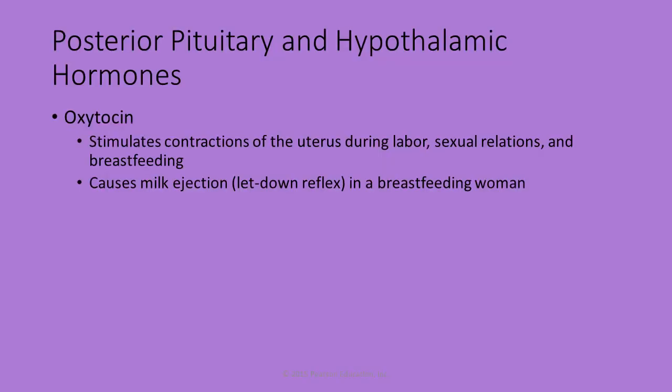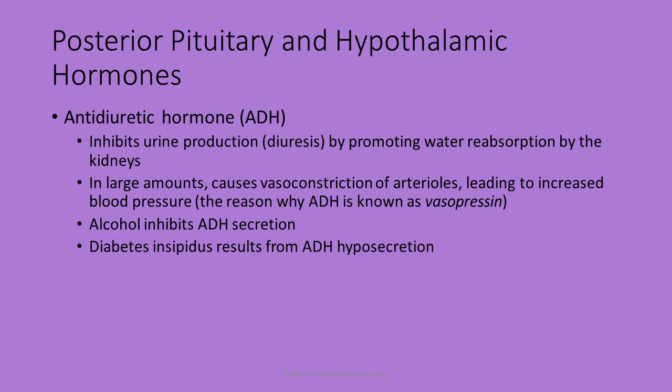Oxytocin is going to be the hormone that's involved with contraction of the uterus during labor. It also can have an effect on the ejection of milk when the woman is breastfeeding. ADH, antidiuretic hormone, is involved with basically helping to keep you hydrated.